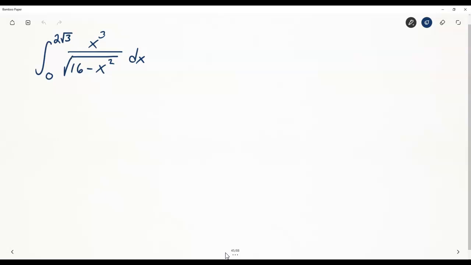If you don't have a square minus a square or a square plus a square, then you're not going to be able to use this trigonometric substitution. You can try substituting, let u equal 16 minus x squared. But what happens? If u is equal to 16 minus x squared, when you take the derivative, what's going to happen to the power on the x squared?